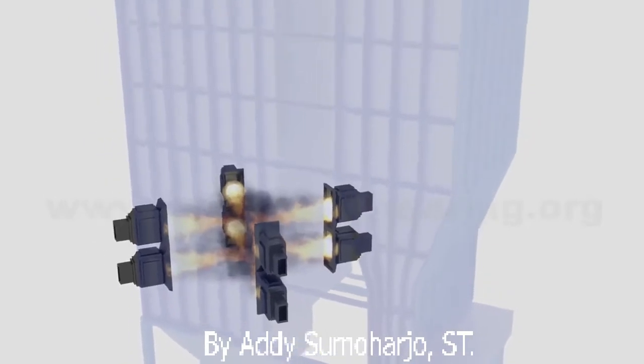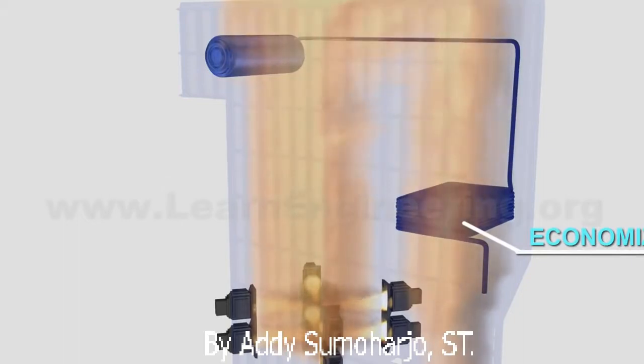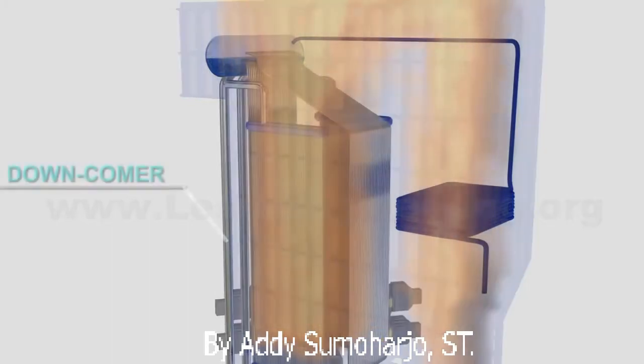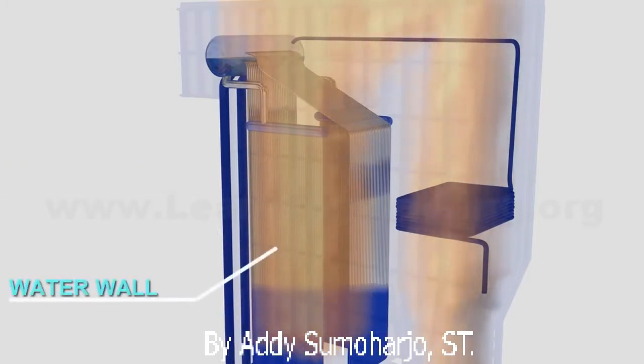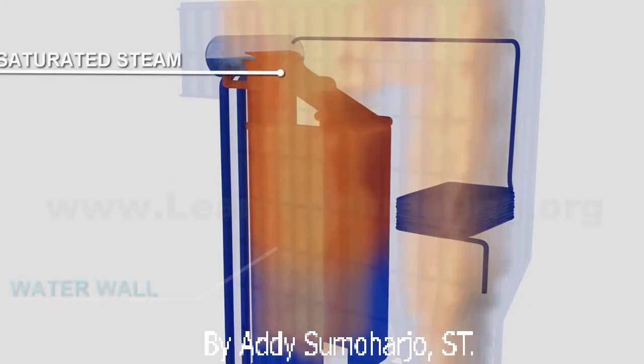The incoming water initially passes through an economizer section. Here, the water will capture energy from the flue gas. The water flows through a downcomer and then through water walls, where it transforms into steam. The pure steam is separated at a steam drum.